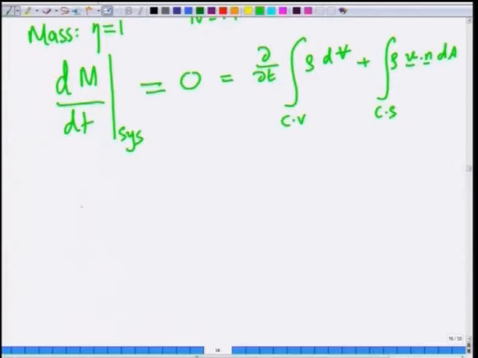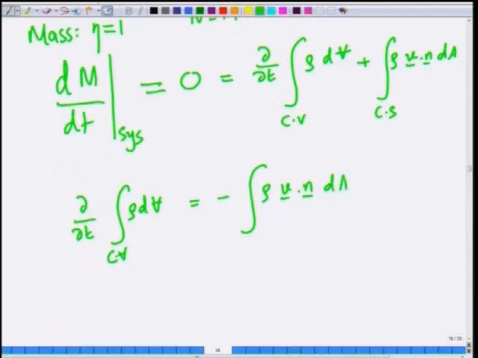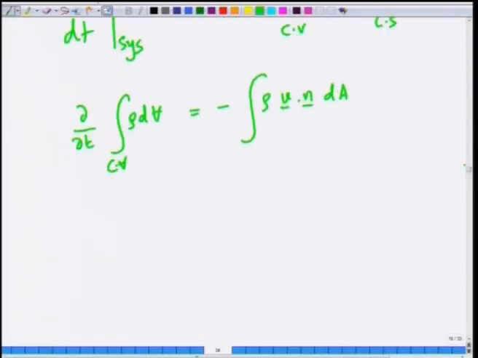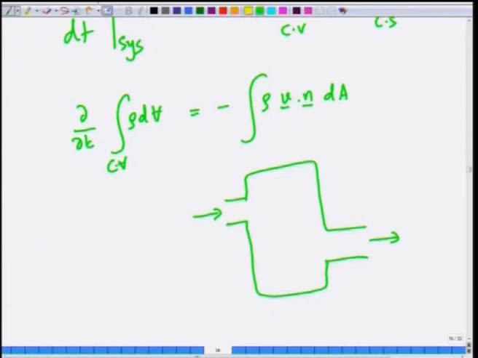This implies that d/dt of the integral of rho dV over the control volume is equal to minus the integral of rho v dot n dA. Now, let us try to understand this minus sign. Suppose you have a simple case like this, fluid is coming in and going out, and let us say the yellow is our control volume.